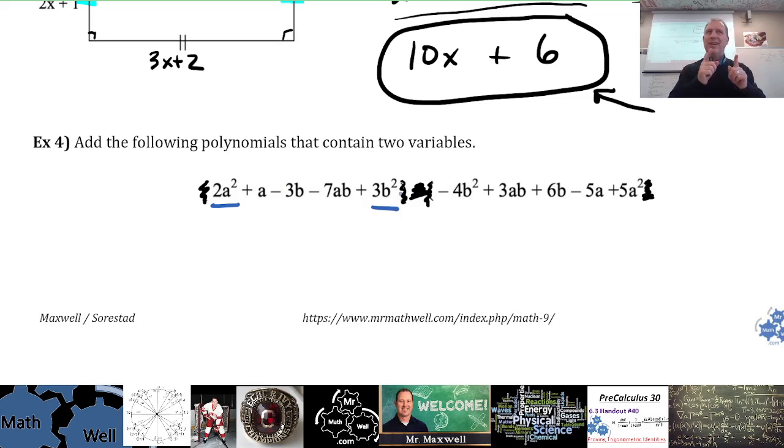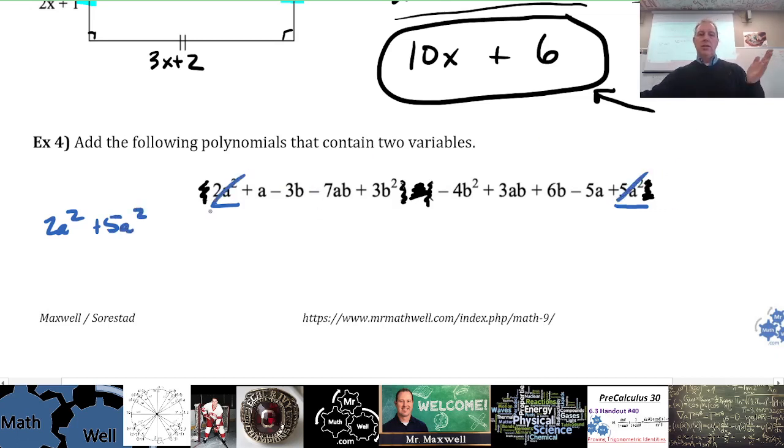They have the same exponent, but you have to have the same letter as well. The other like term would be way over here at the end, an a squared term as well. So let's go 2a squared plus 5a squared. I'm going to group those together.